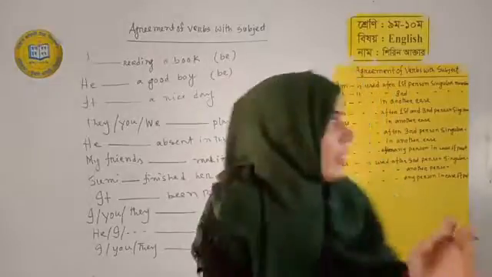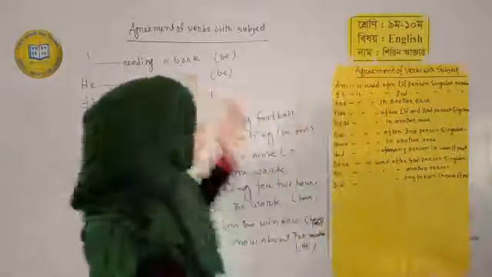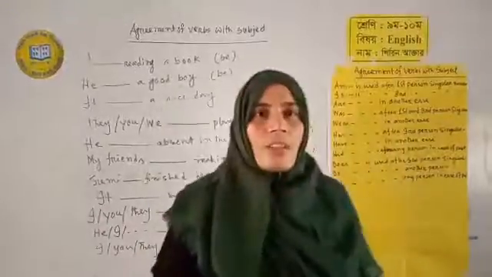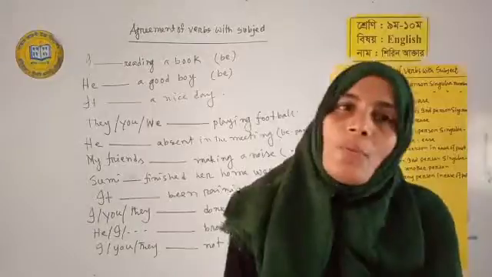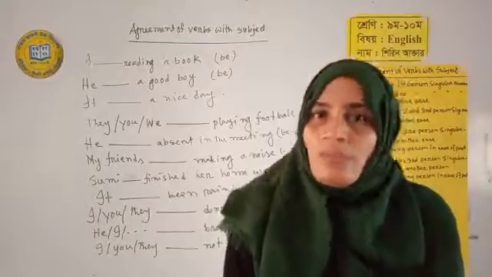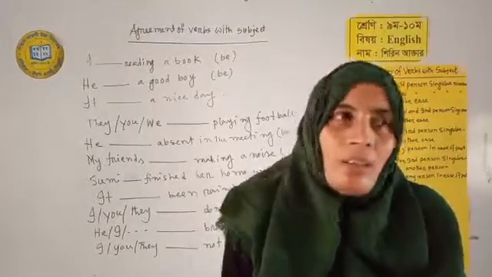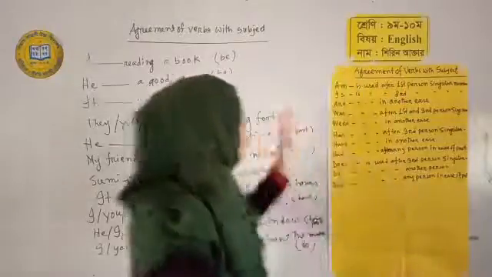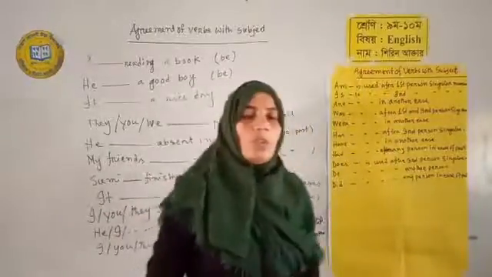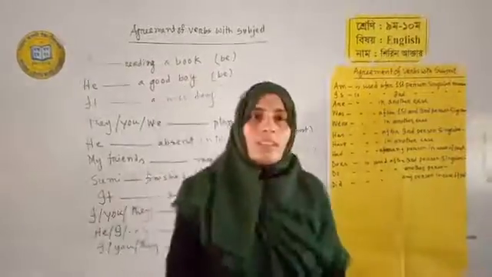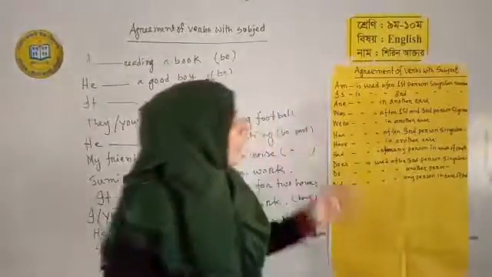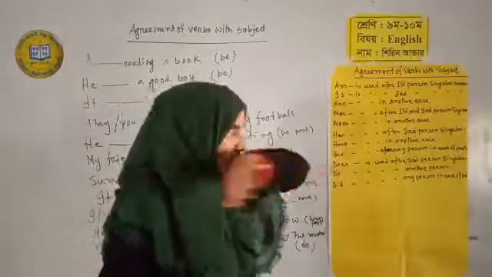So today at first I am going to discuss about the use of some auxiliary verb after the subject. Let's know about some auxiliary verb. In the previous classes I discussed about the auxiliary verbs and I discussed all about verbs.